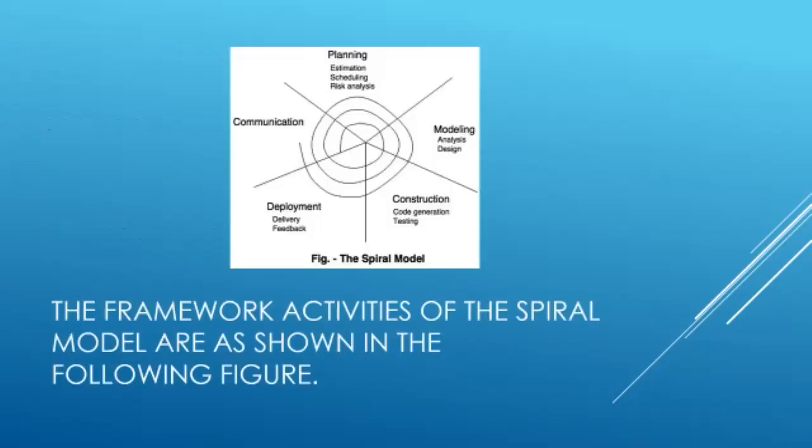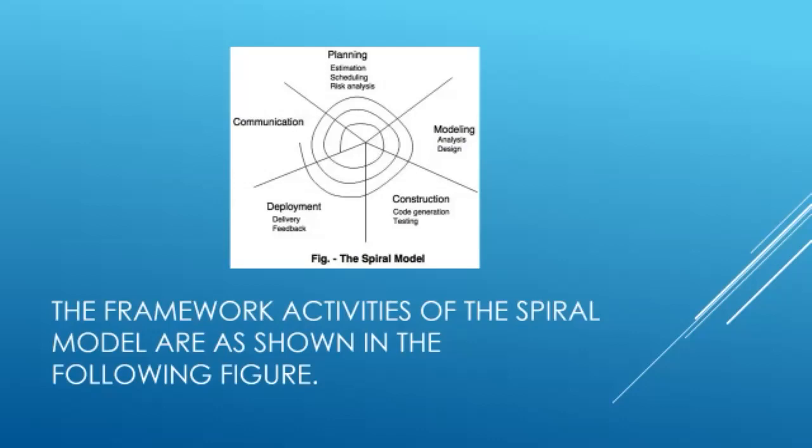The framework activities of the spiral model are as shown in the following figure. In that, there are 5 phases in this spiral model. First one is communication, next planning, third modeling, fourth construction, and fifth deployment.